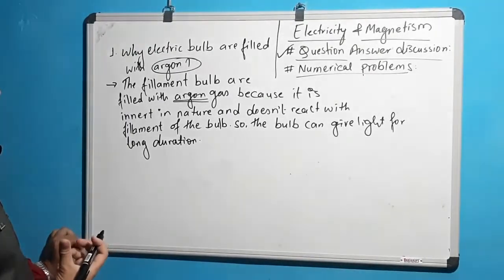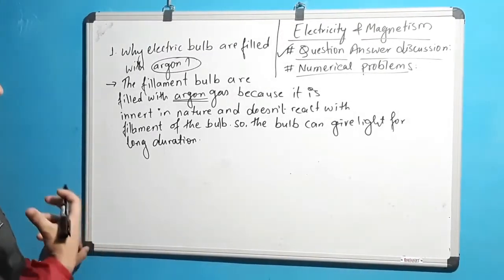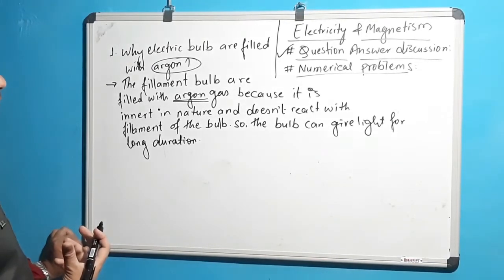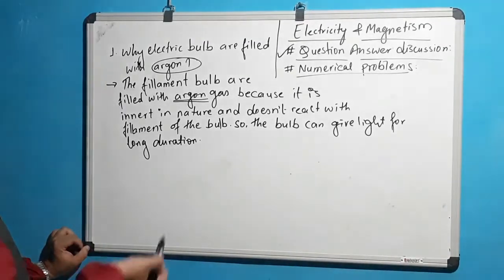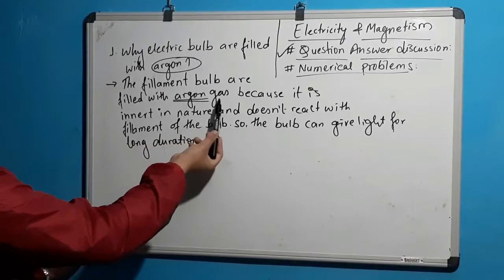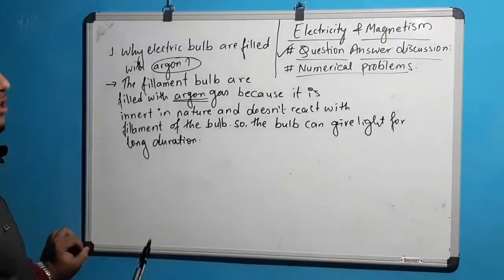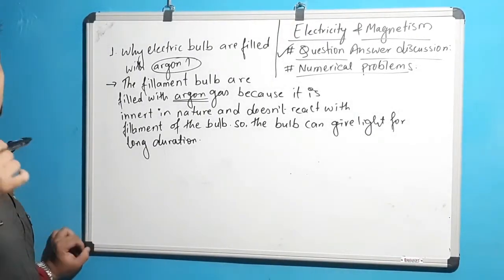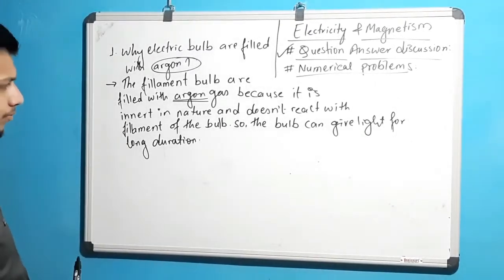This is the main fact. When it reacts, it becomes oxidized, or the filament bulb cannot function properly. Here the filament bulb is filled with argon gas because it is inert in nature. Inert in nature means it does not react. Okay, this is the main reason.